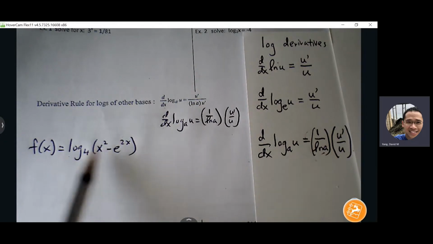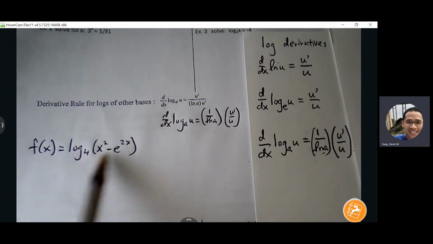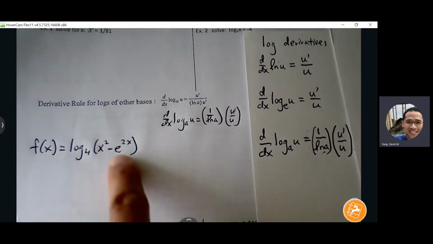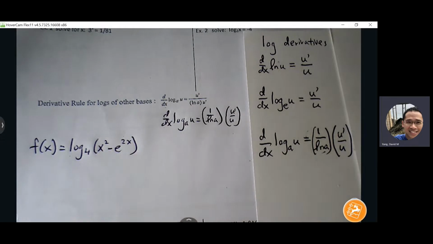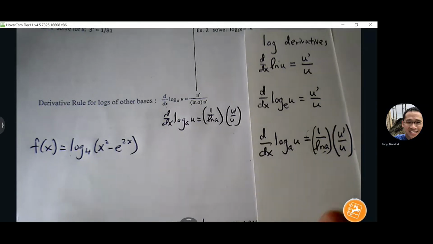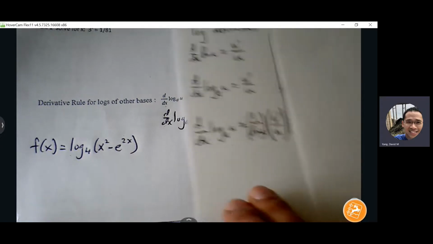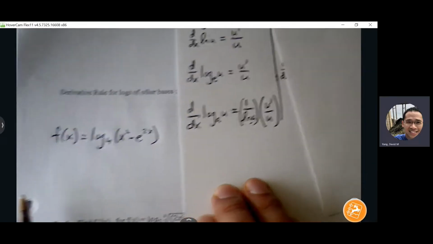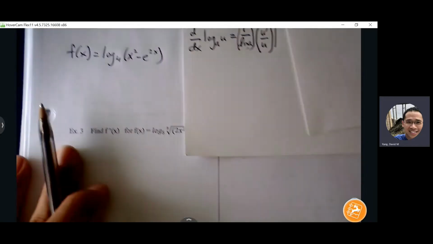In this case, I'm not going to be able to, there's no expansion, right? Because that minus is preventing us from doing anything. Now, if it was x squared times e to the 2x, then we can expand. So yeah, all the log properties still stand, doesn't matter what the base is. Okay, so we're kind of stuck with this u value. We're just going to have to jump directly into our derivative rule.